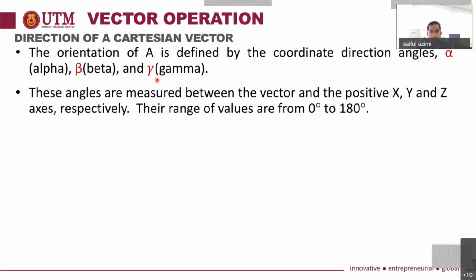In order to identify where the positive is, you need to use your right hand rule. Their range of values varies from 0 to 180. So when you get the answer, it must be from 0 to 180. If it is greater than 180, it means that your answer is not correct.